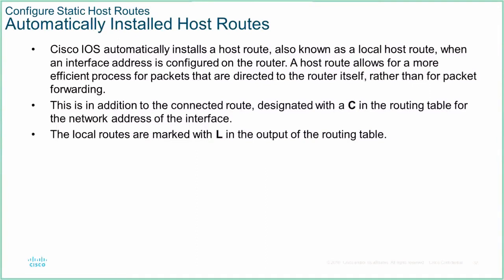That contains the accurate subnet mask. The interface address is specific to just that interface, so it matches all 32 bits of the IP address and injects that into the routing table.